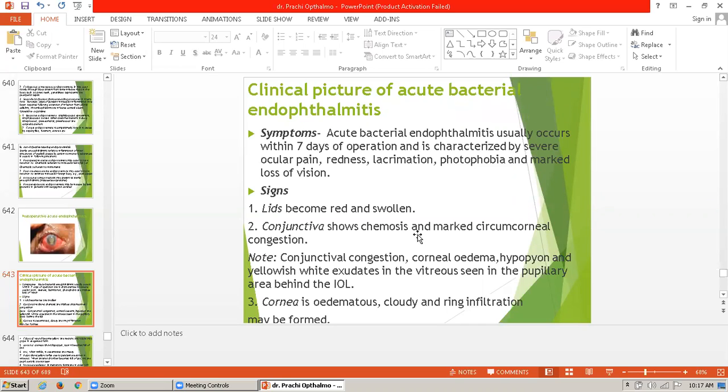Next is the clinical picture of acute bacterial endophthalmitis.